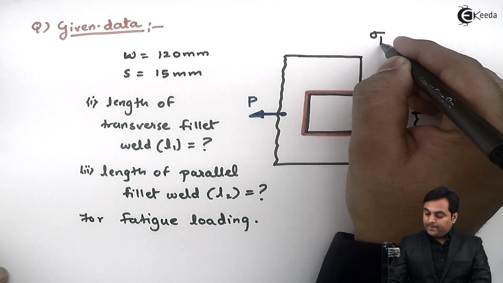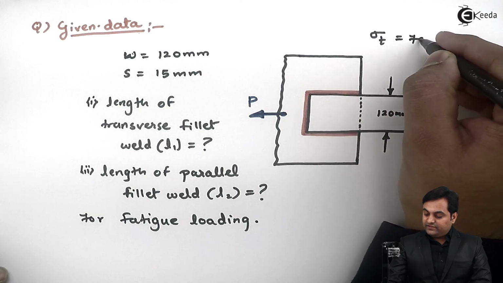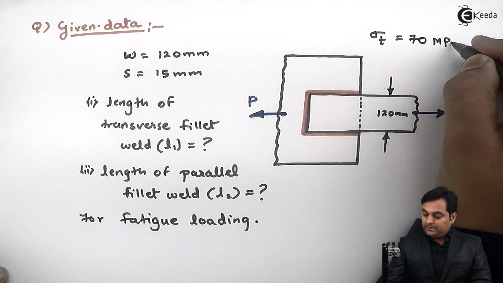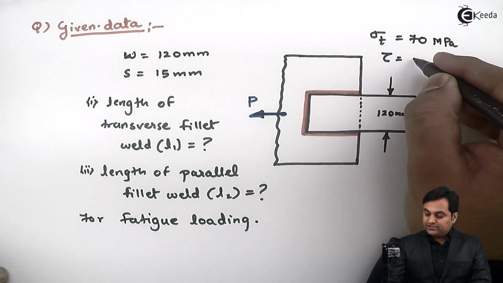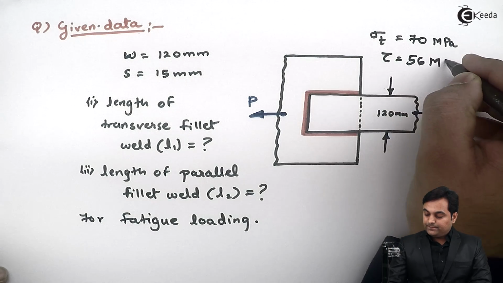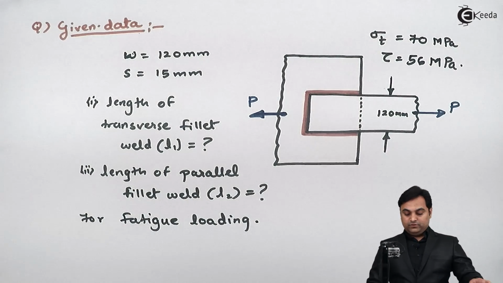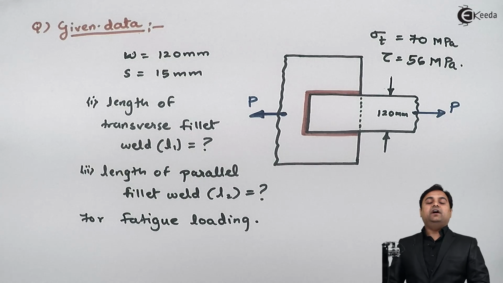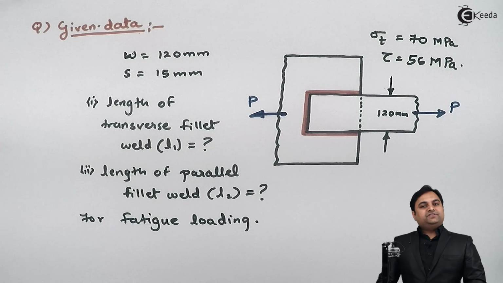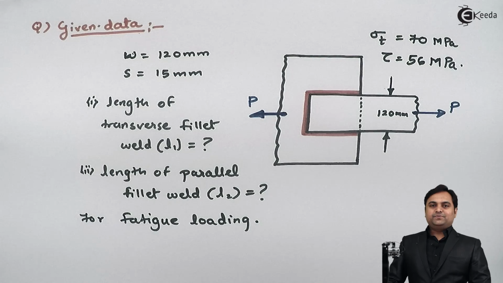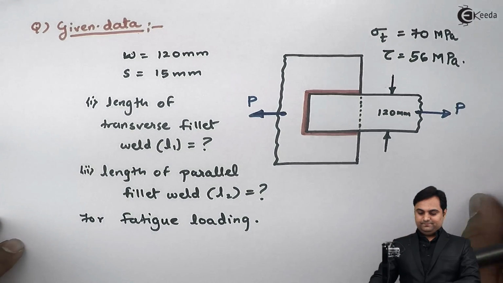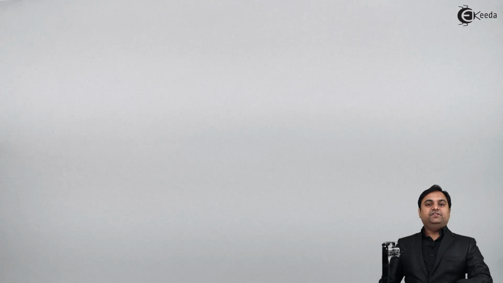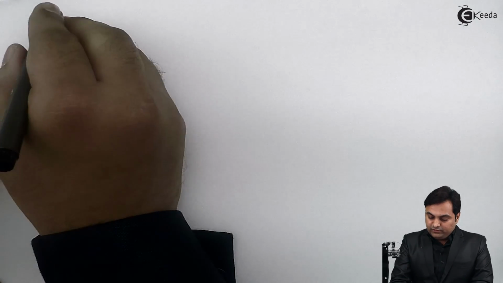Sigma T tensile stress is 70 megapascal and tau shear stress is 56 megapascal. So this is the question we have. Now let us try to get the solution for this problem. Everything I have written in the form of data. So let us get started with the solution.